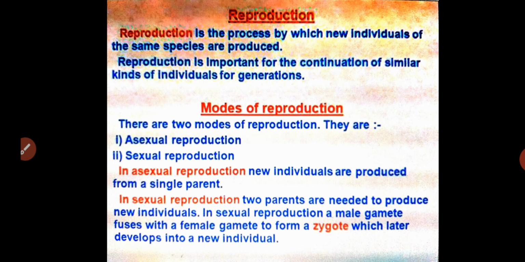In all types of asexual reproduction, only one parent takes part in the reproduction. So this is about the modes of reproduction, particularly asexual and sexual reproduction.